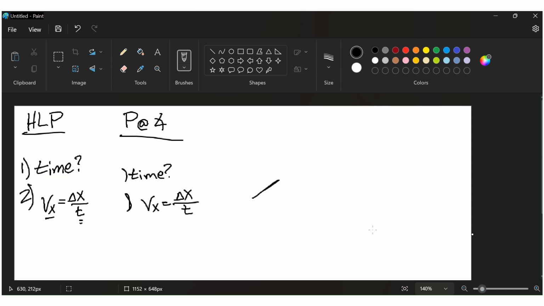So I'm going to take that vector that was provided in the example and redraw it here. So we start at 60 meters per second. This is at a 60-degree angle from the horizontal.